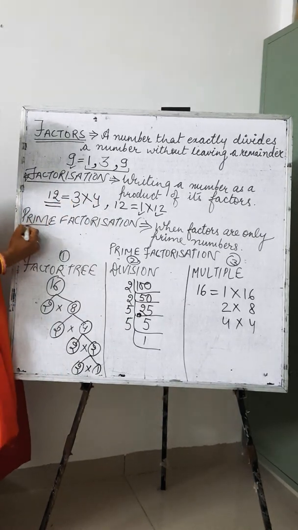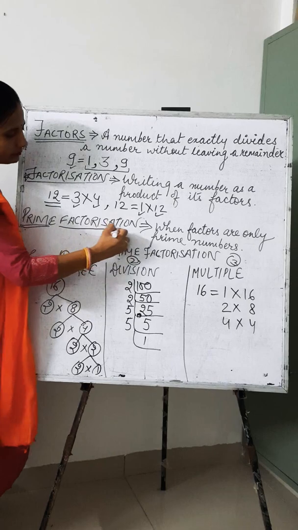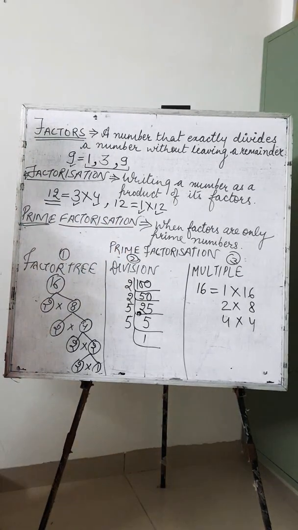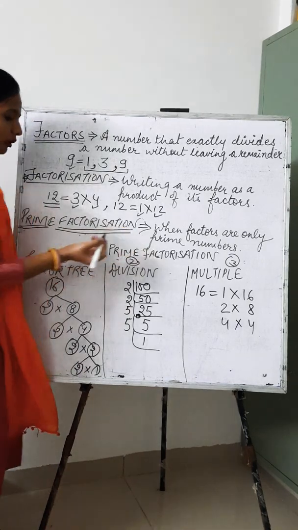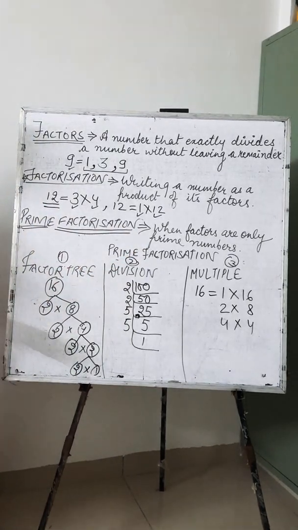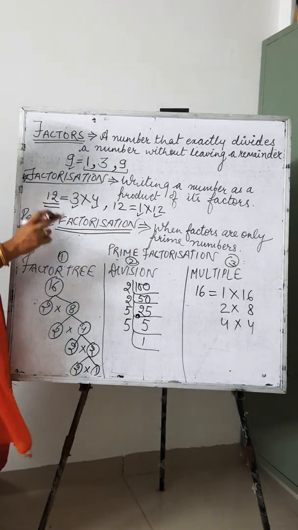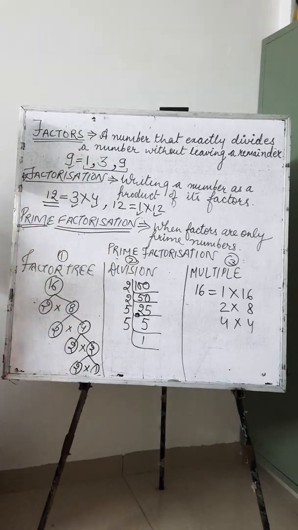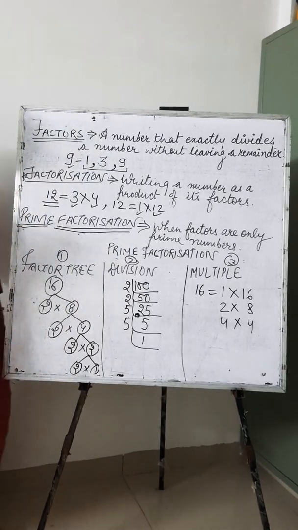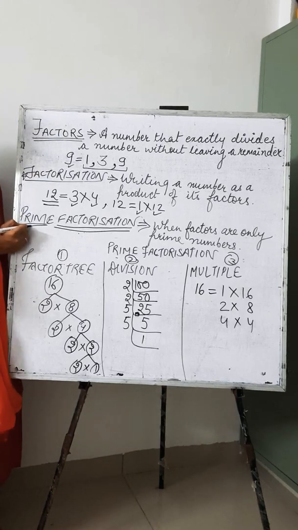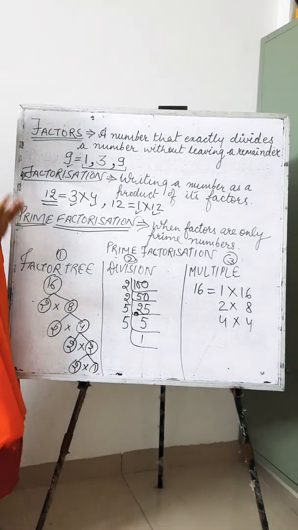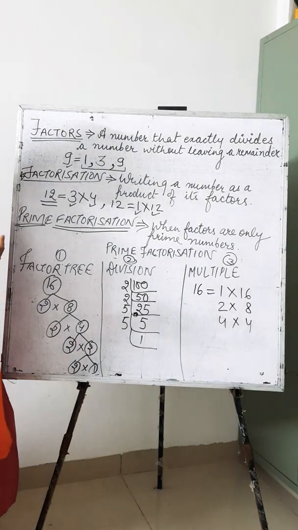So here I got to know that in factorization, we write a number as a product of its factors. Now come to prime factorization. This new term we are going to discuss today. There are several methods to find out the prime factors of a certain number. When factors are only prime numbers, then only that is known as prime factorization. There are 3 different ways to find out prime factorization.